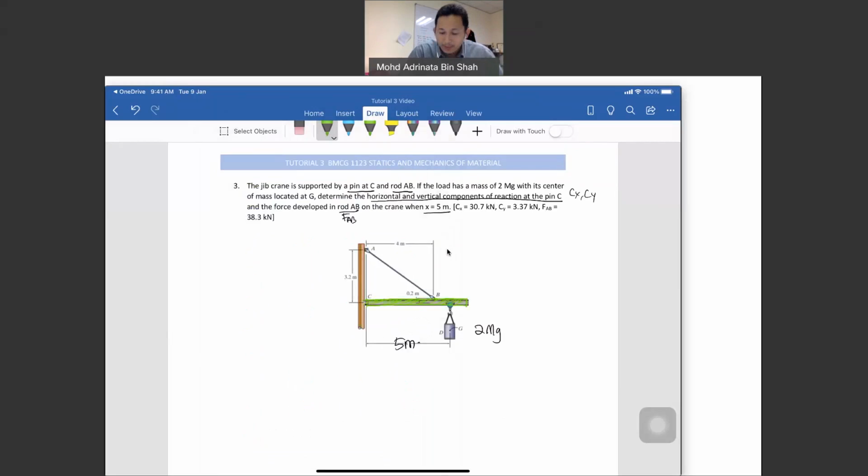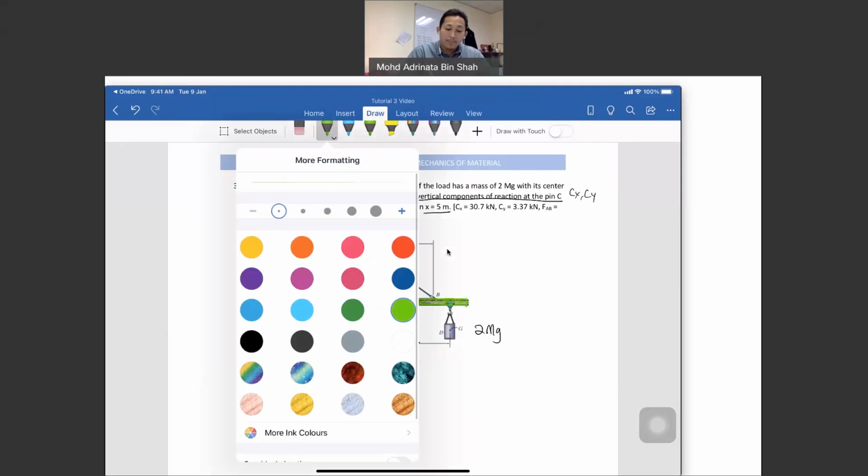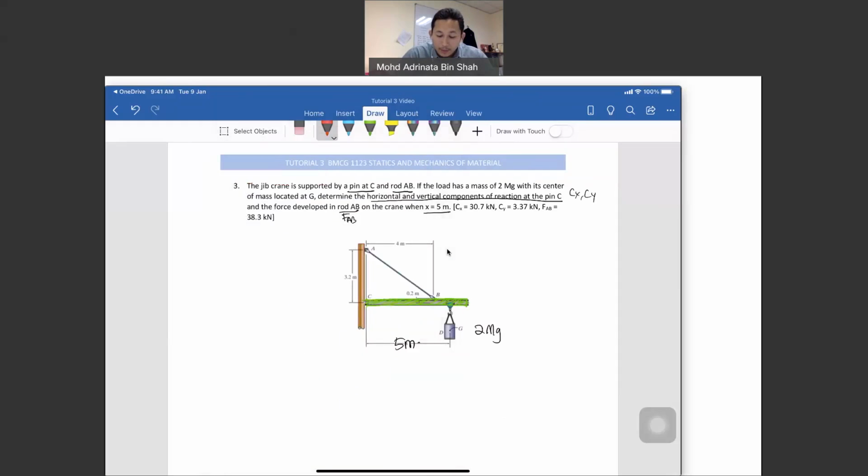Okay, so this is our free body diagram. This is our body. And what do we have on the body? Which is external force and also support reaction. C is a pin, so we have Cx, Cy.